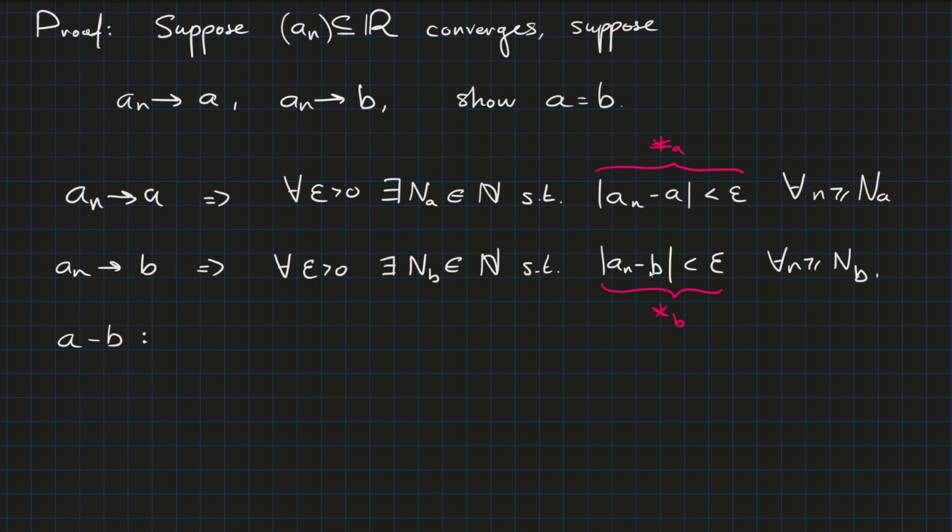So if we take star A, we know that a_n minus A is between negative epsilon and epsilon, and a_n minus B is between negative epsilon and epsilon, from star A and star B. And we can take these facts and subtract them.